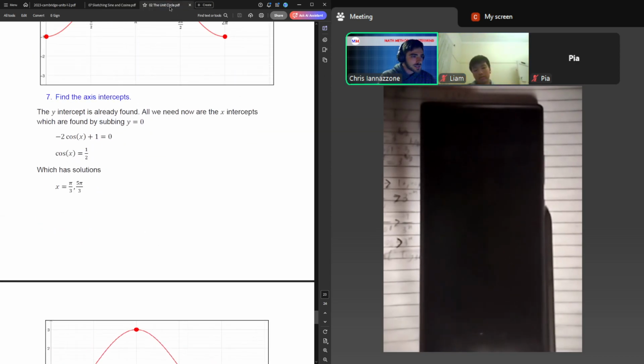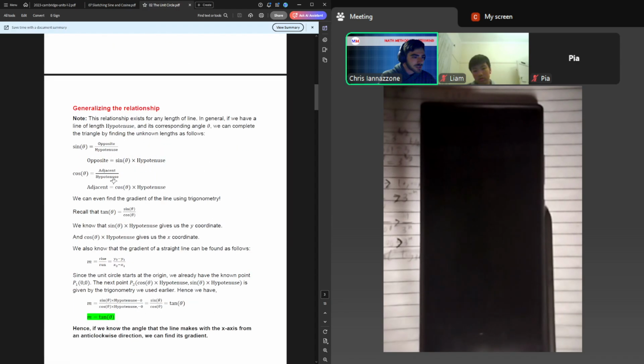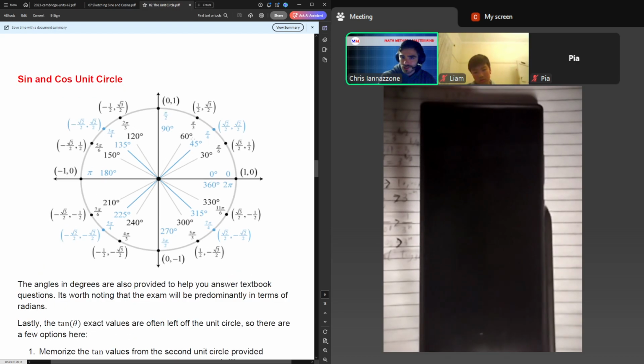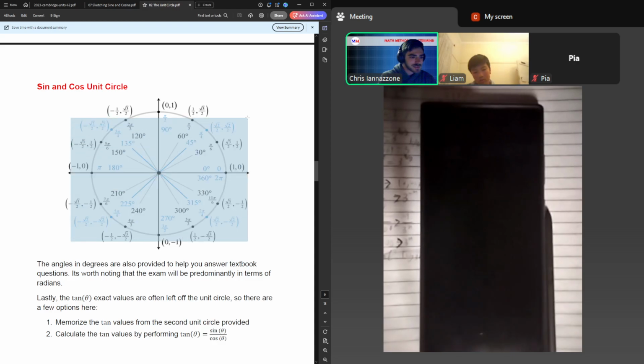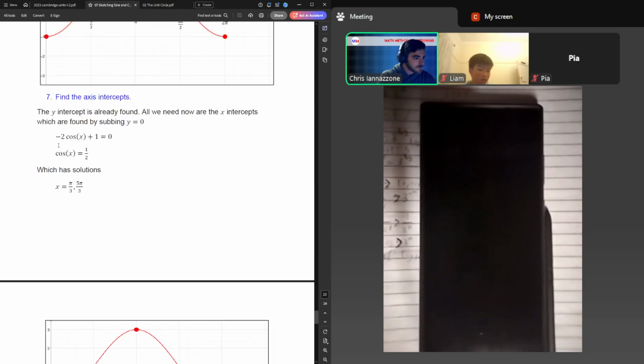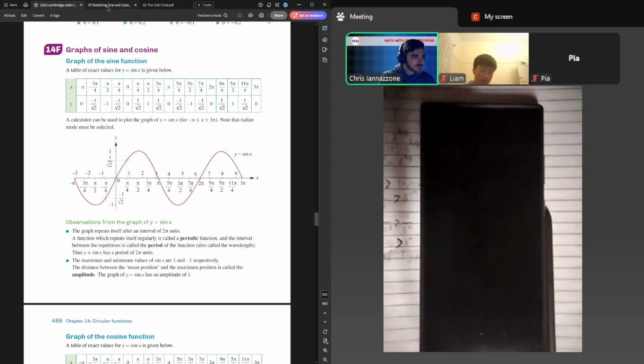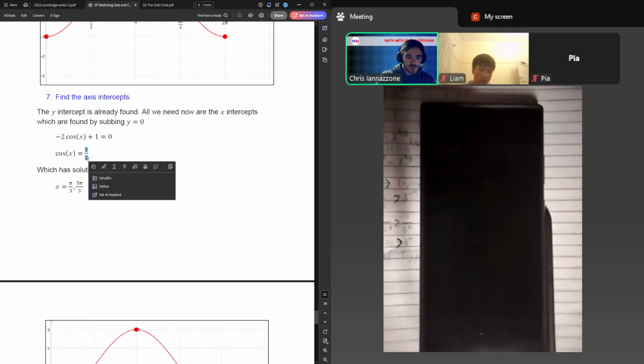Now, at some point, you do need to have your unit circle memorized because it is a requirement and it doesn't get to appear on your formula sheet. So this is going to be your Bible, basically, for anything circular functions related. The way you use it, for those who aren't too familiar: for cosine equals a half, since the angle is the thing that's unknown, you basically want to look around on your unit circle and figure out which of these angles on the inside is going to give you a value, one of the coordinates of, in this case, x equals a half.